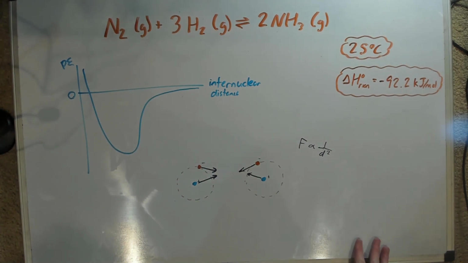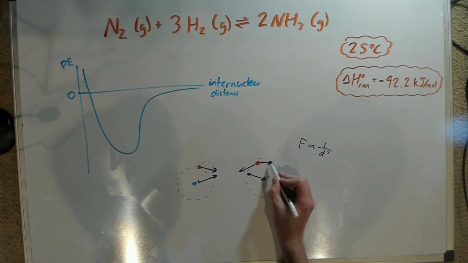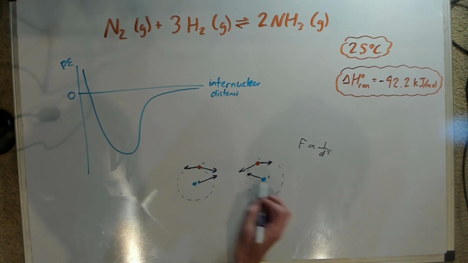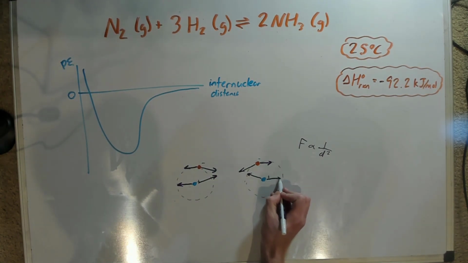Then at any one point in time, there's a repelling force between the electrons that pushes them away from one another, and between the protons, which pushes them away from one another.